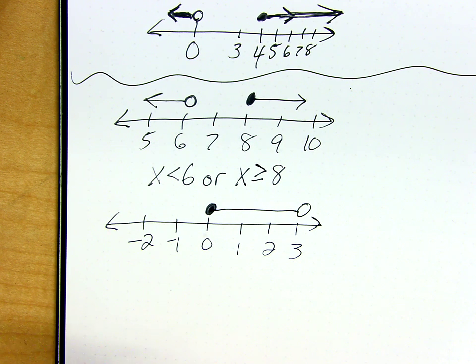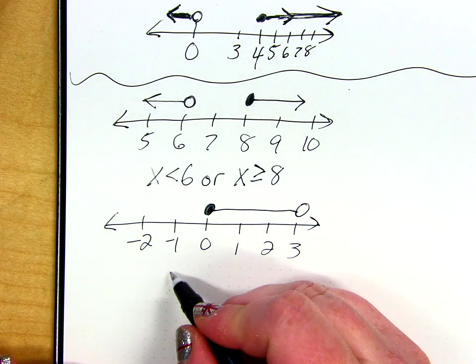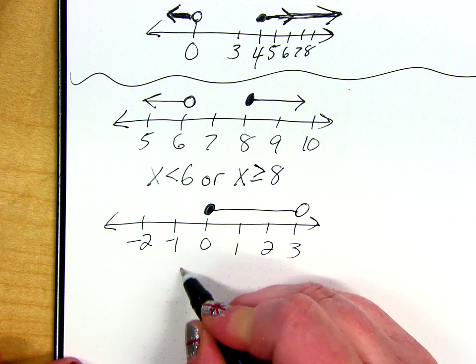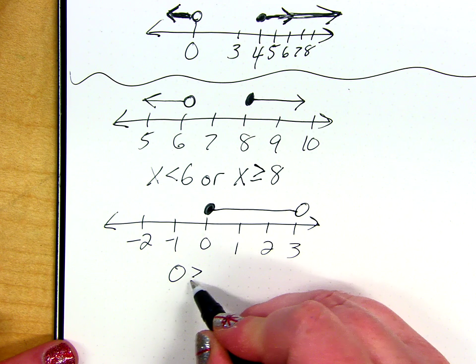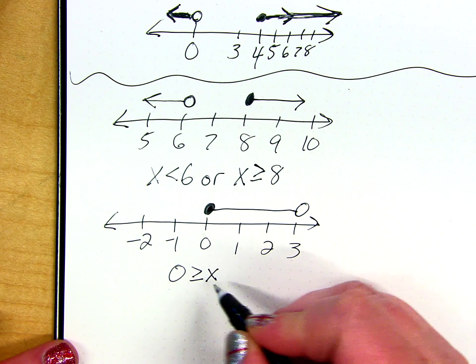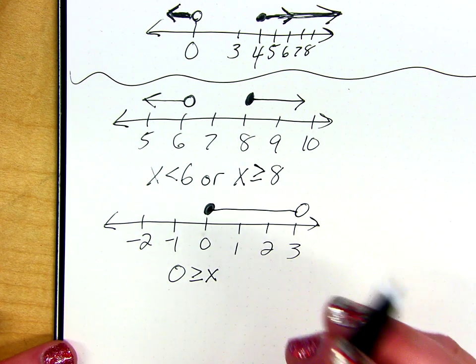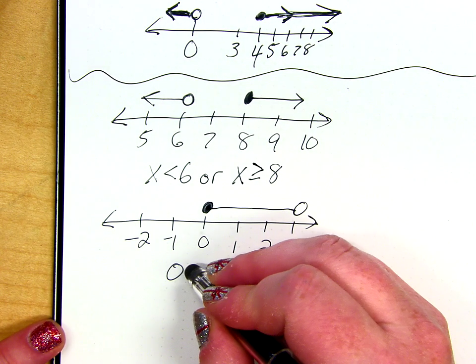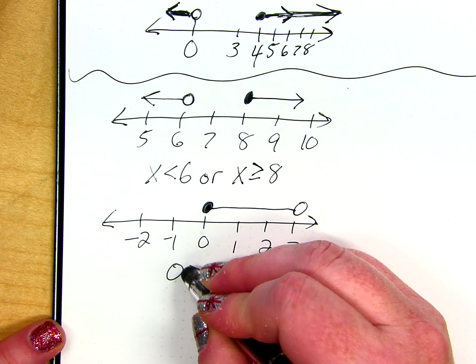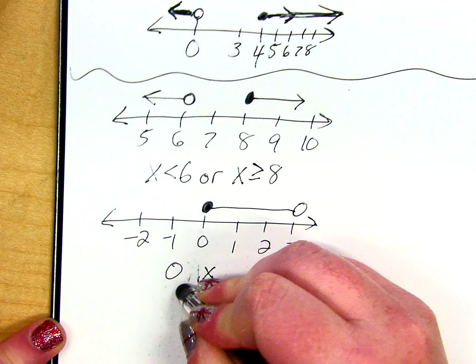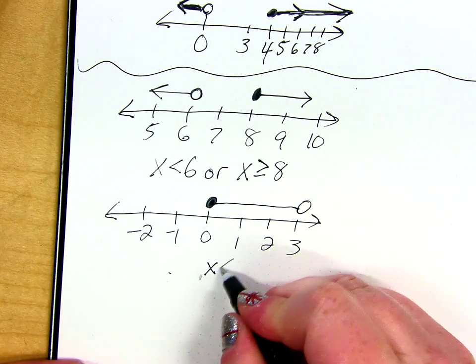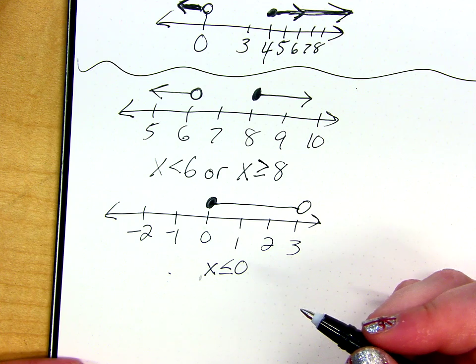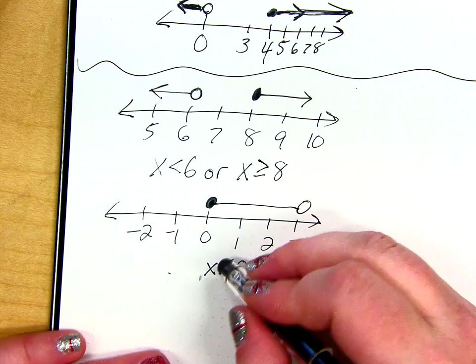Okay, you ready? Go ahead, Haley. X is greater than or equal to 0, and... Whoa, whoa, whoa. You mean like this? Oh wait, sorry. X is less than or equal to 0. Oh wait, no. I said greater than.